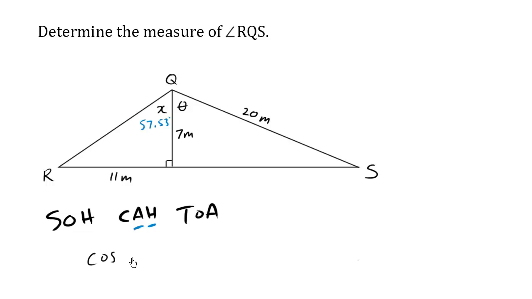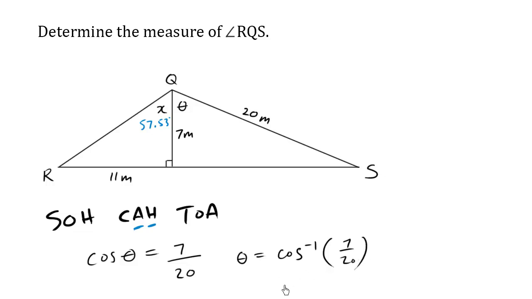So cosine of theta is equal to the adjacent, which is 7, over the hypotenuse, which is the longest side, 20. So in the same way as previously, we take the cosine inverse of both sides, which cancels out the trigs, exposing the angle. So theta is equal to the cosine inverse of 7 over 20.